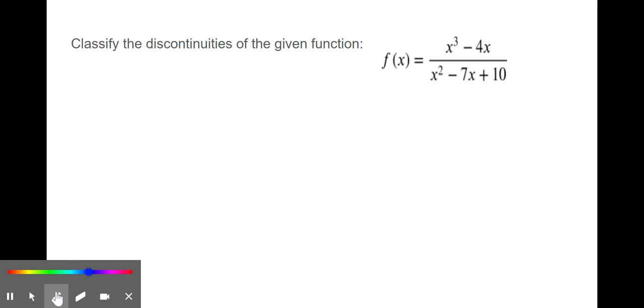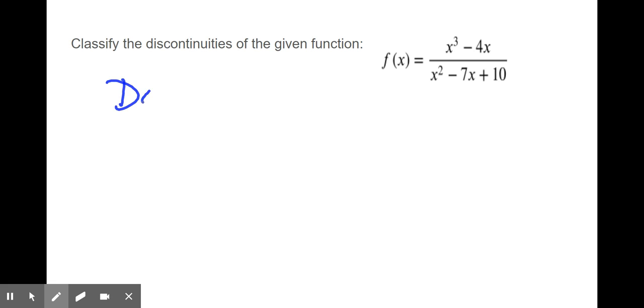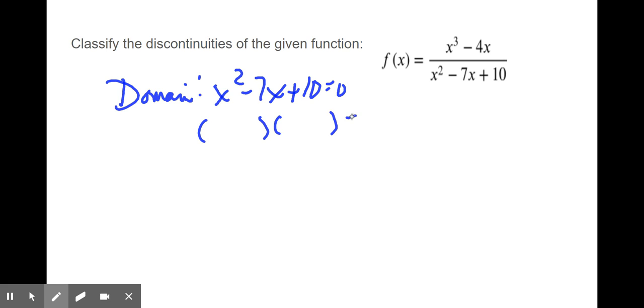All right, so now let's take a look at a little bit of a longer example here. Let's try to classify the discontinuities of this given function. The first thing that we need to do is find the domain. So we're going to set the denominator equal to 0. And now conveniently, as is a fair amount of time in high school math, it factors.